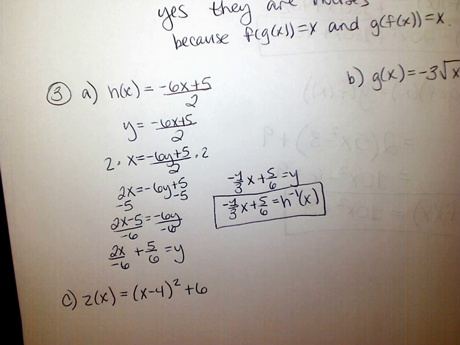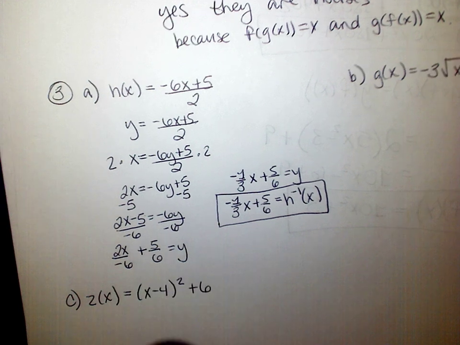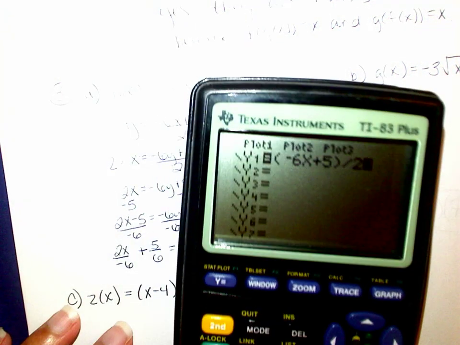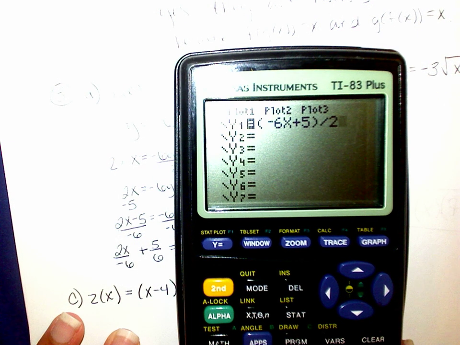So to check in our calculator, we're going to type the original function in y1. So type in negative 6x plus 5, put parentheses around your numerator, divided by 2. So y1 should look like that.